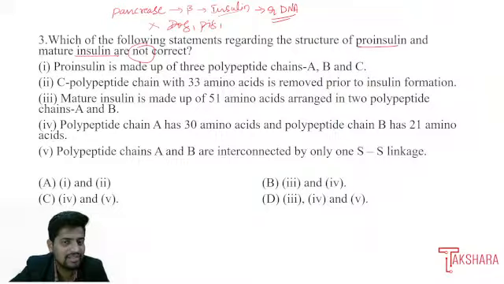Artificially, we clone it in a bacteria and prepare the different chains of insulin, and we get an artificial insulin.